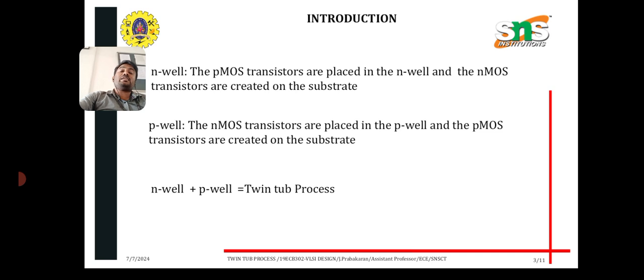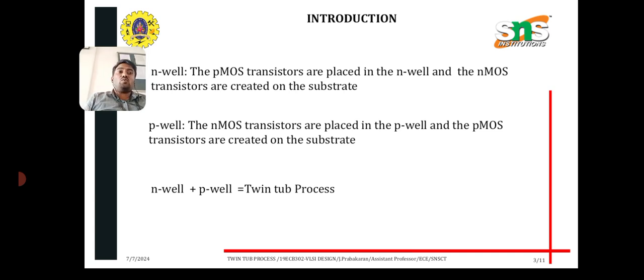LDD means lightly doped drain, and spacer formation, source drain implantation, source drain annealing, silicide formation, interlayer dielectric, contact hole etching, metal deposition and patterning, and passivation layer, final annealing and testing.